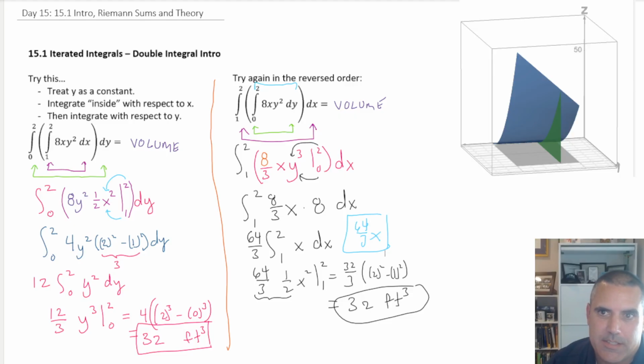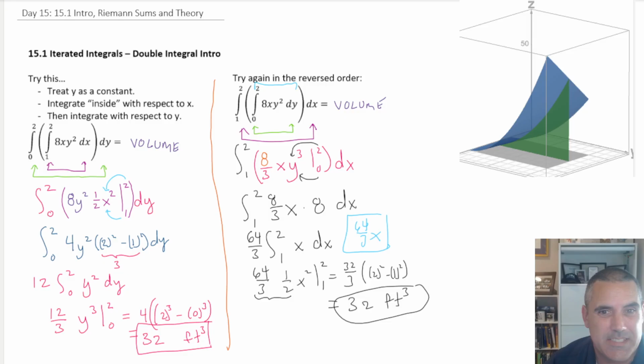And I'll go back to this later in this lecture, but it's that cross-sectional area. So this is just like when you did discs and washers back in 125. It's just the cross-sections are not discs and washers. So this thing in the middle represents the cross-sectional area at a given x value. It just doesn't have a nice pattern.